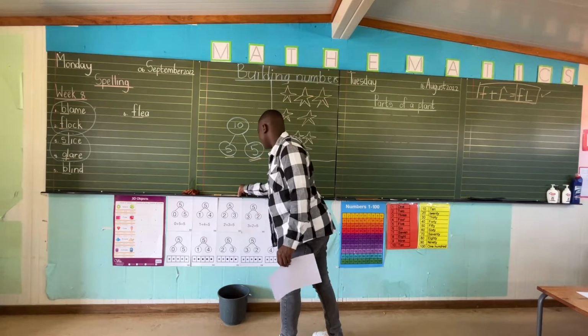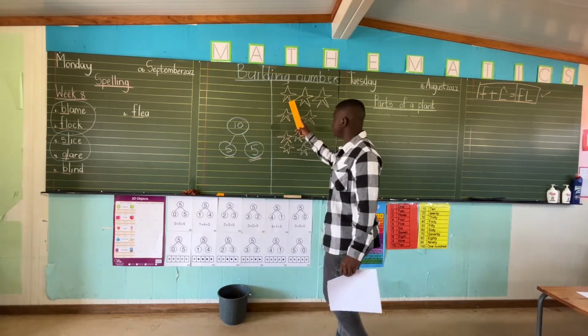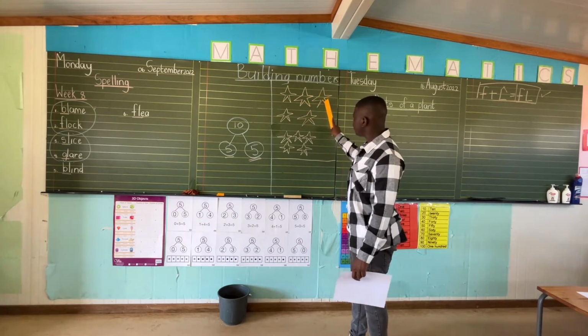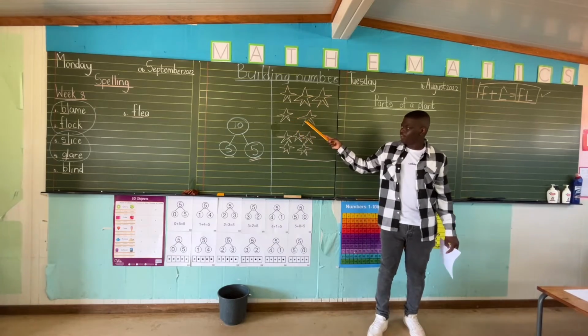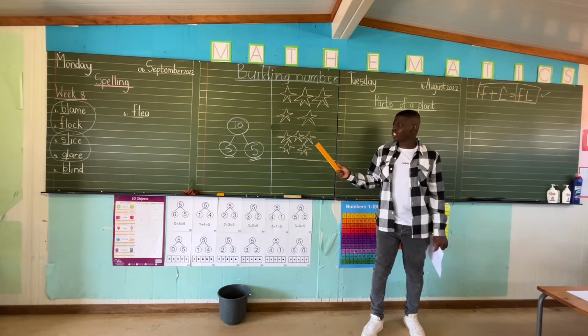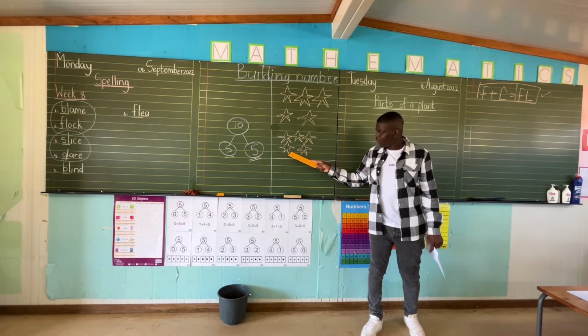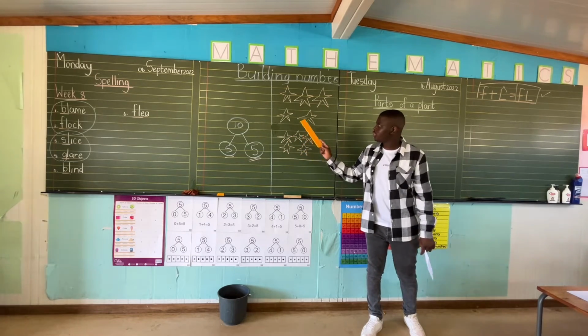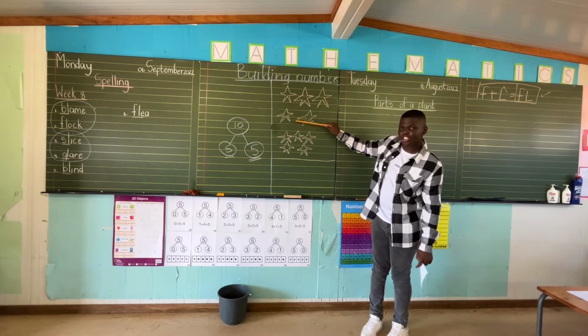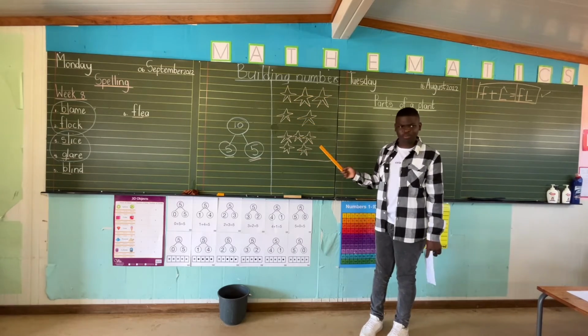Let's count them together. We have 1, 2, 3, 4, 5. And at the bottom we have another 1, 2, 3, 4, 5. So this means we have 5 at the top and 5 at the bottom.